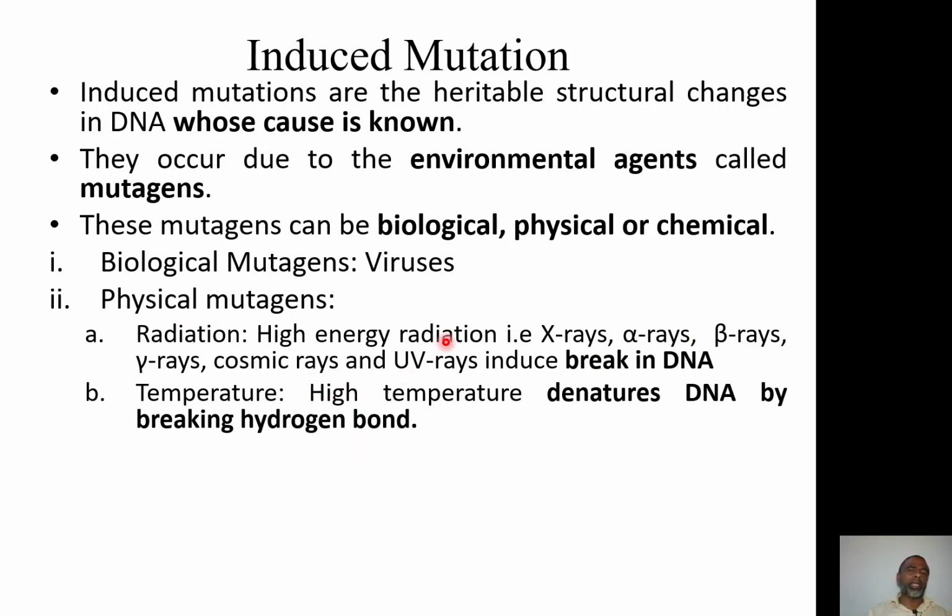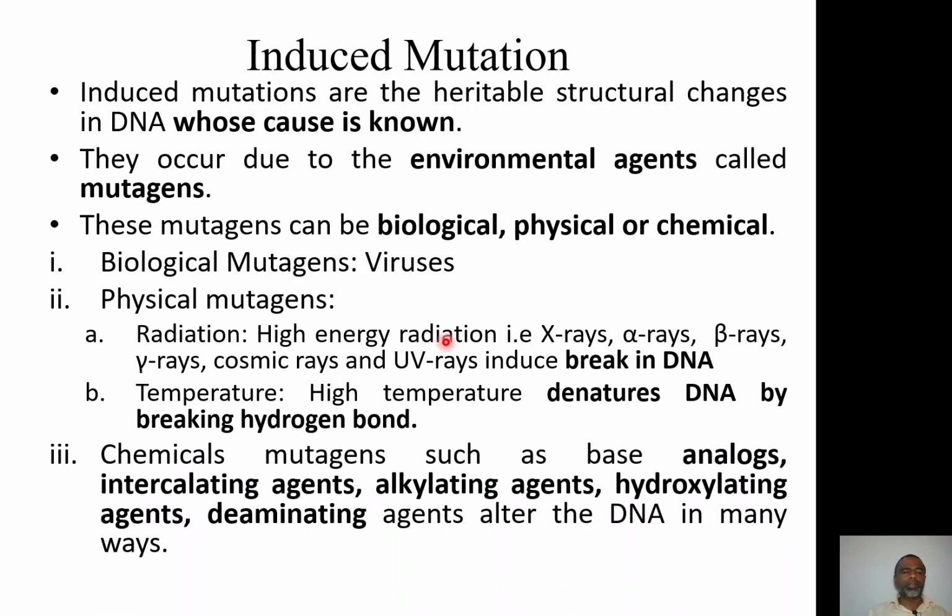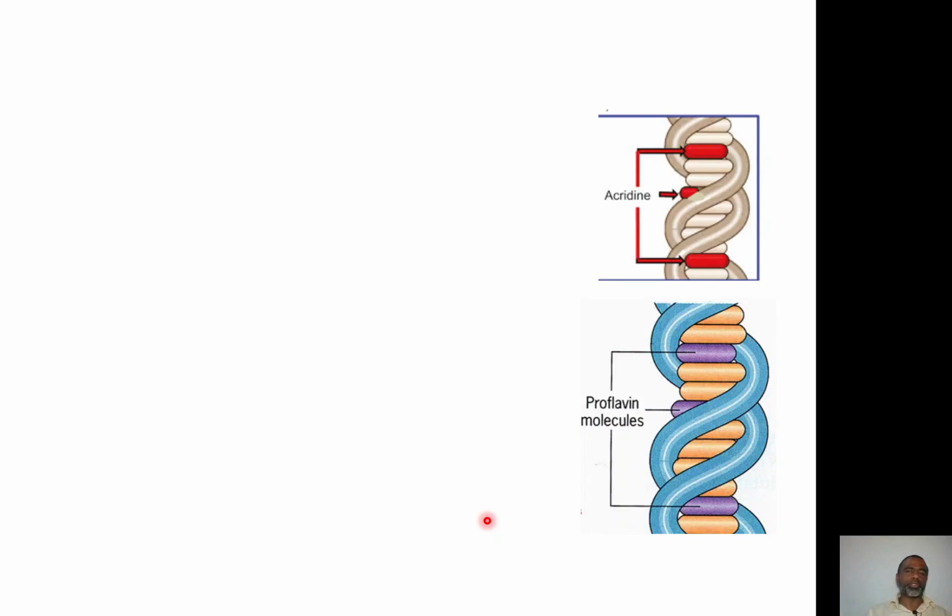Damaging the DNA means inducing mutation in the DNA. Then there are some chemicals like base analogs, intercalating agents, alkylating agents, hydroxylating agents, deaminating agents. All these agents alter the DNA structure in many ways. As a result, the mutation is induced.